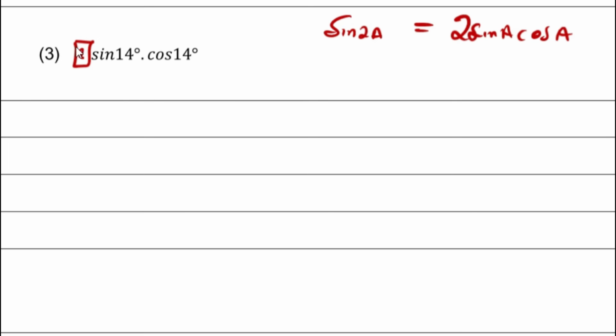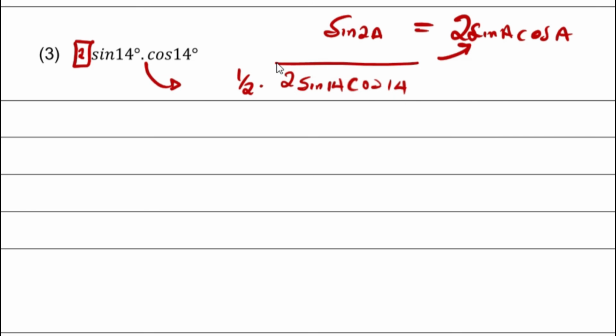But we can actually put this 2 so that we can tap into this double angle identity. For us to do that, we have to balance it out by multiplying by a half so that the half cancels the 2. So this here can be written as half times 2 sine 14 cos 14.